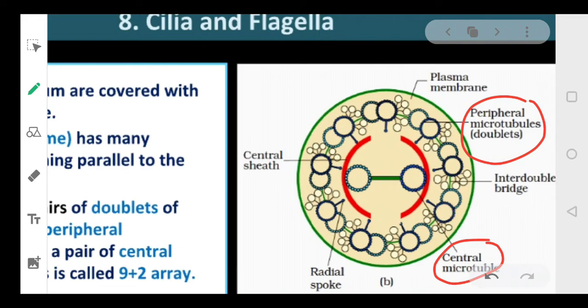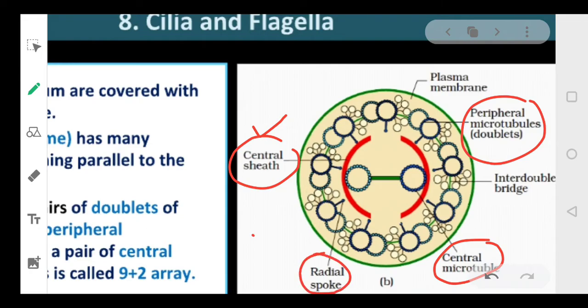Now the central microtubules are separated from the peripheral microtubules by a sheath. Okay, so a central sheath separates the central tubules from the peripheral tubules. And the peripheral tubules connect themselves with the central sheath. जो आपकी peripheral tubules हैं वो central sheath से connected हैं, and that connection is called the radial spoke. उस connection को हम कहते हैं radial spoke.